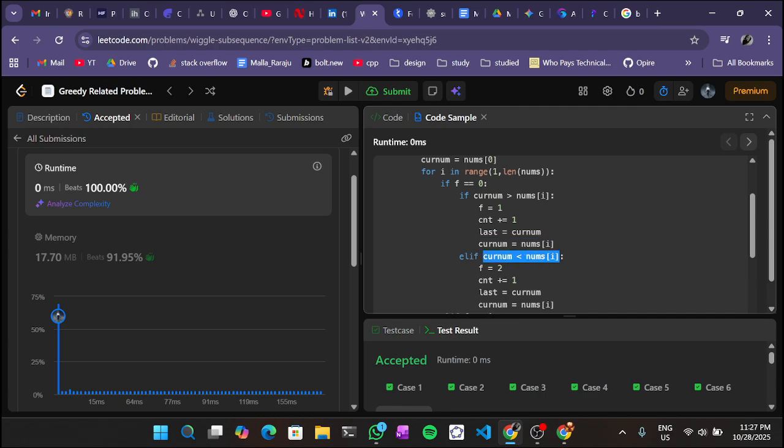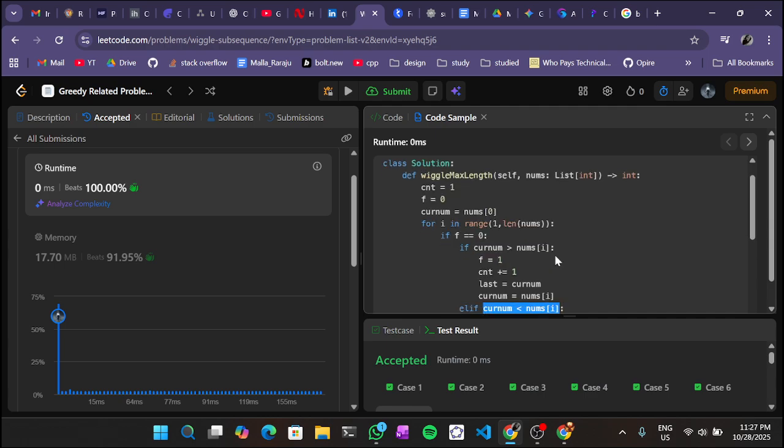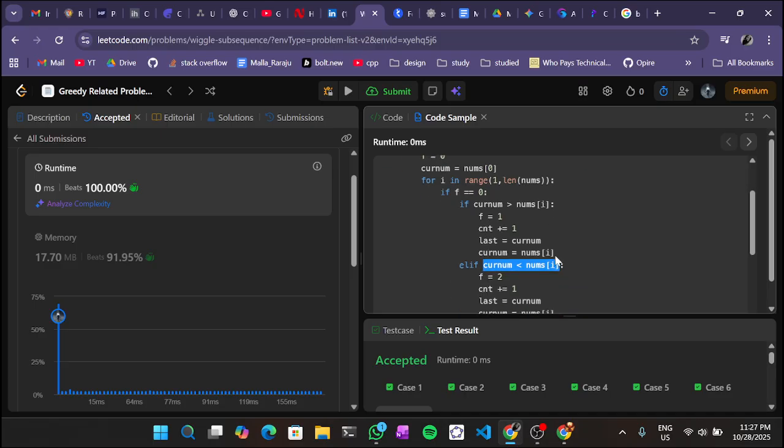If current number is less than the previous number. Oh, got it.